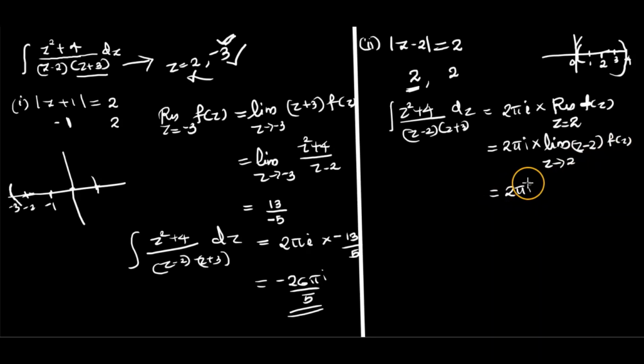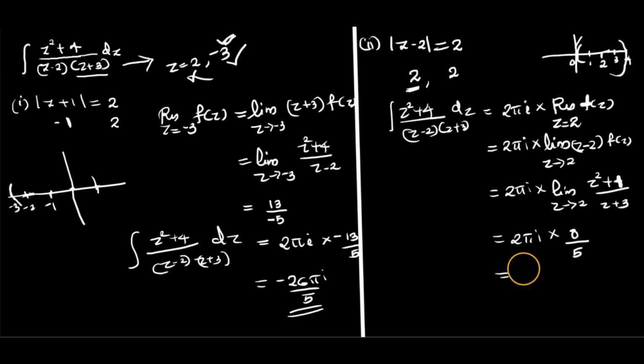This gives 2 pi i times the limit as z tends to 2 of z squared plus 4 divided by z plus 3. That is 2 pi i times (2 squared plus 4, which is 4 plus 4, 8) divided by (2 plus 3, which is 5). That is 16 pi i divided by 5.